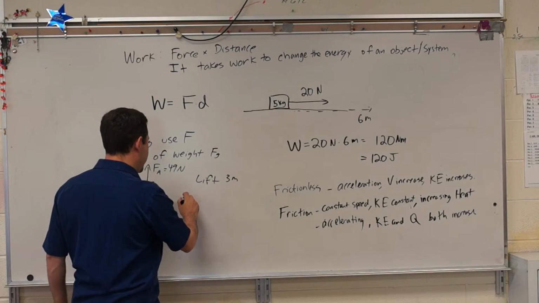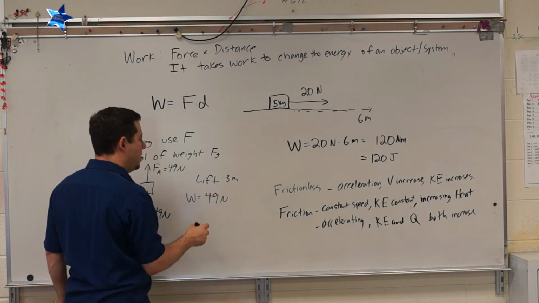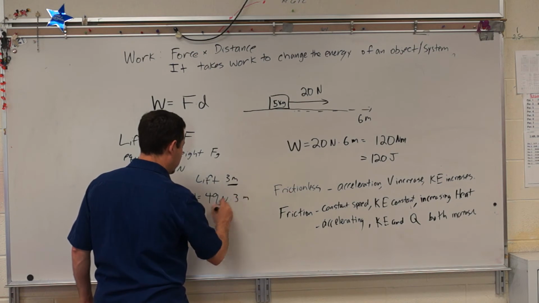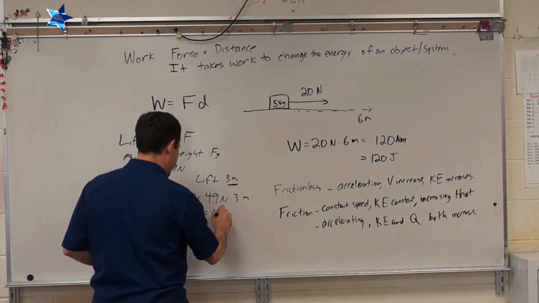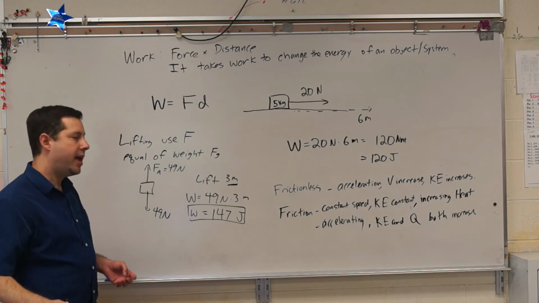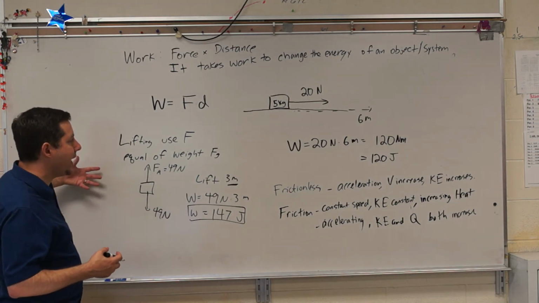The force you're using is going to be equal to 49 newtons, and the distance it's moving is 3 meters, so you end up getting 147 joules of work you've done. And by doing this work, you've increased the gravitational potential energy of it.